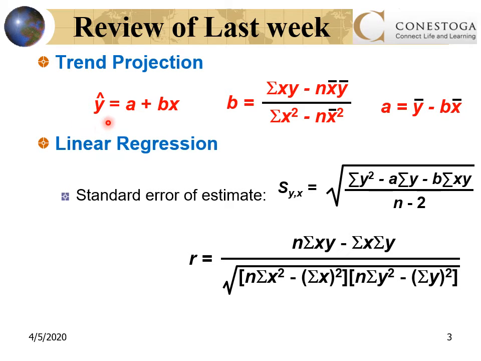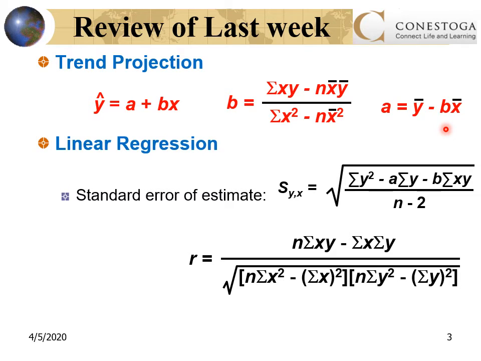The trend line will be represented as y hat equal to a plus bx, where a and b are two different parameters which are estimated based on the data. b is given by this particular formula and a is estimated once b is found using this particular formula.